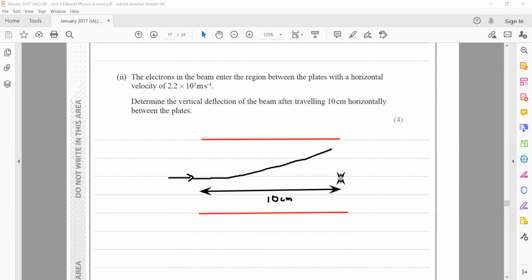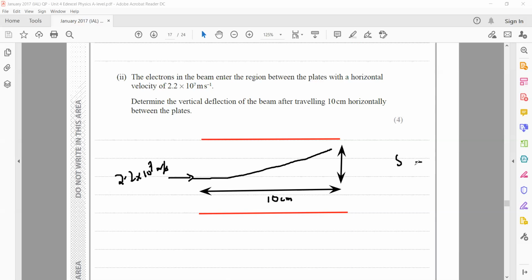Vertical deflection means we need this. So first, we have the horizontal speed, which is 2.2 × 10^7 meters per second. Using this speed, we will find how much time it will take to cover this 10 centimeters.